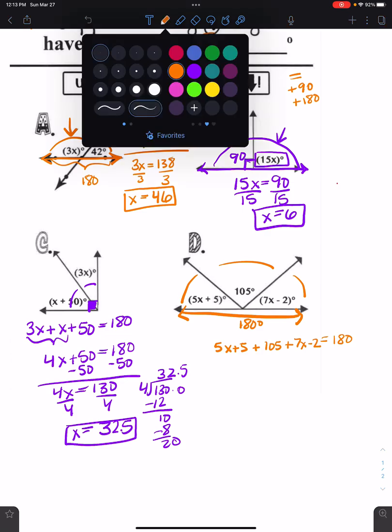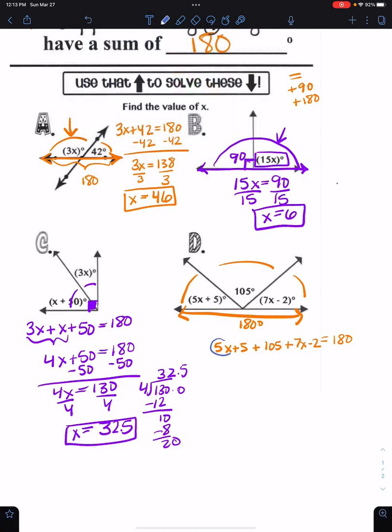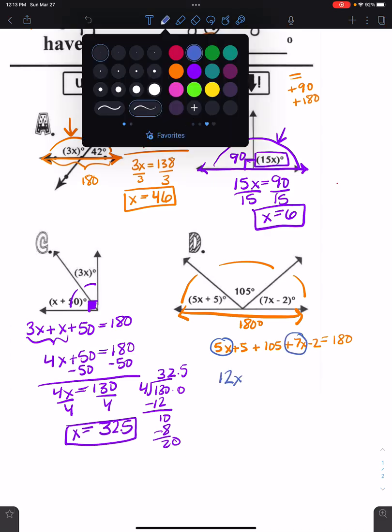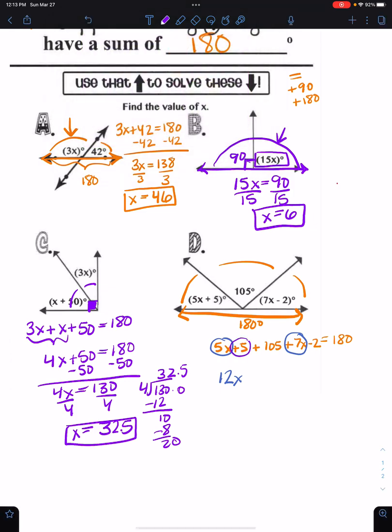So let's go ahead and combine our like terms. 5x and 7x make 12x, and we'll combine all of our constants here. 5 plus 105 is 110, and then we're going to subtract 2. So that's going to make 108.